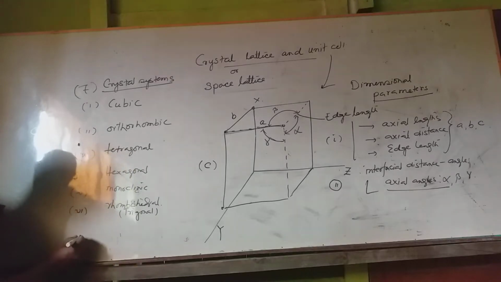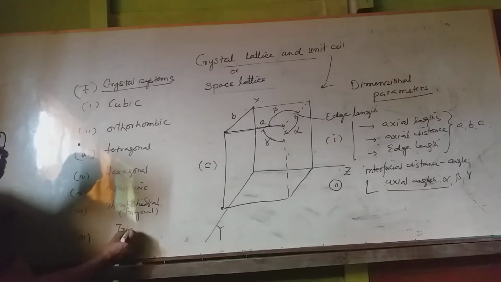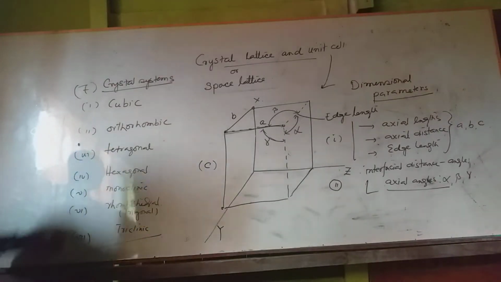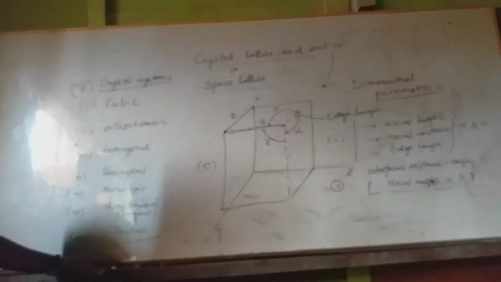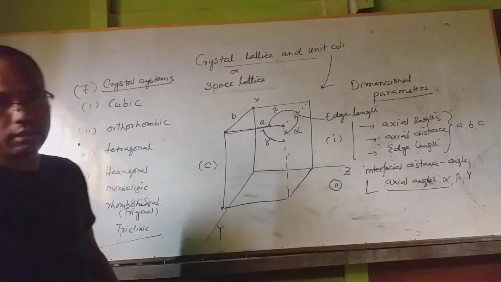The 7th crystal system is triclinic. So these are the 7 crystal systems on the basis of different dimensional parameters.